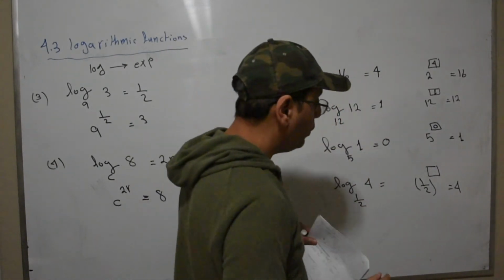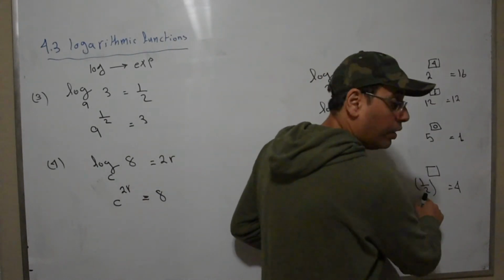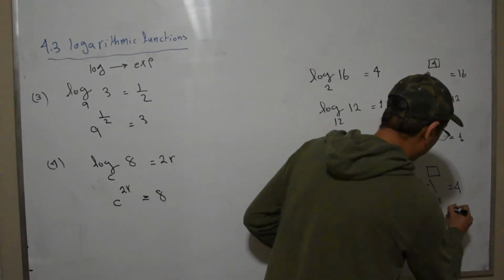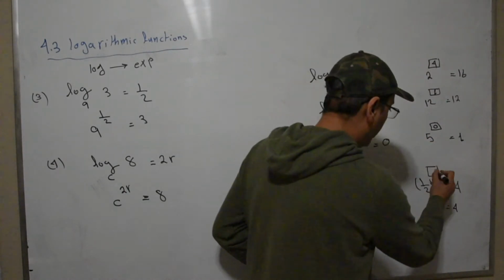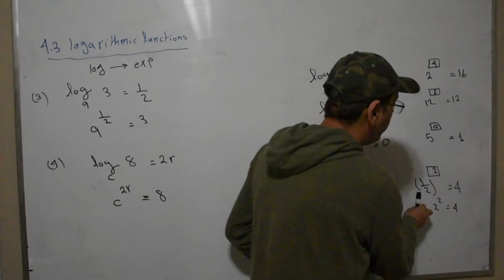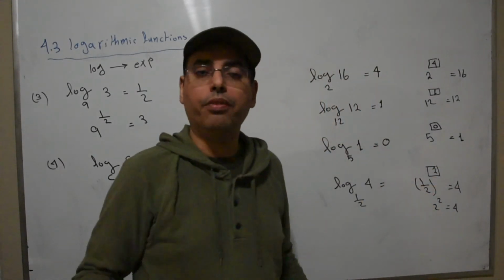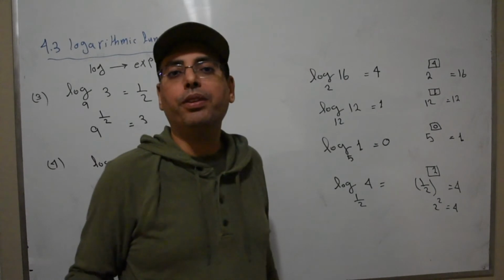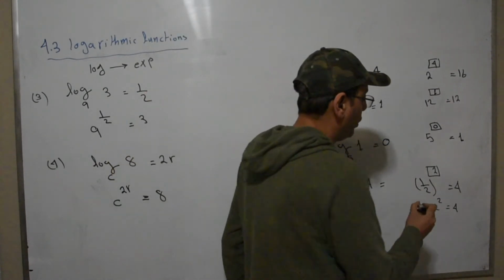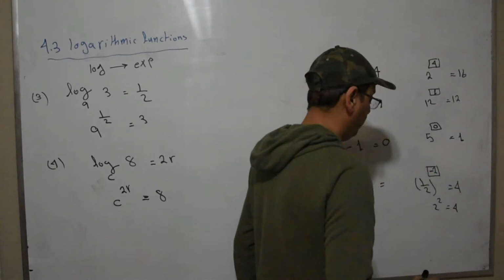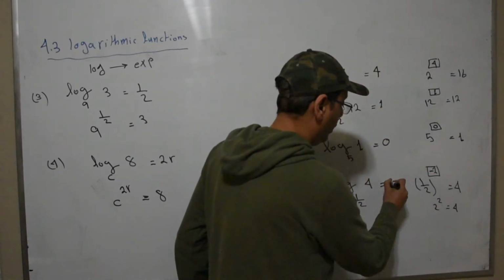Well, I know that 2 squared is 4. But I don't have 2, I have the reciprocal of 2. When I'm thinking about the reciprocal, I'm thinking about the negative exponent. So therefore, I'm going to put negative 2 here. So the answer would be negative 2.